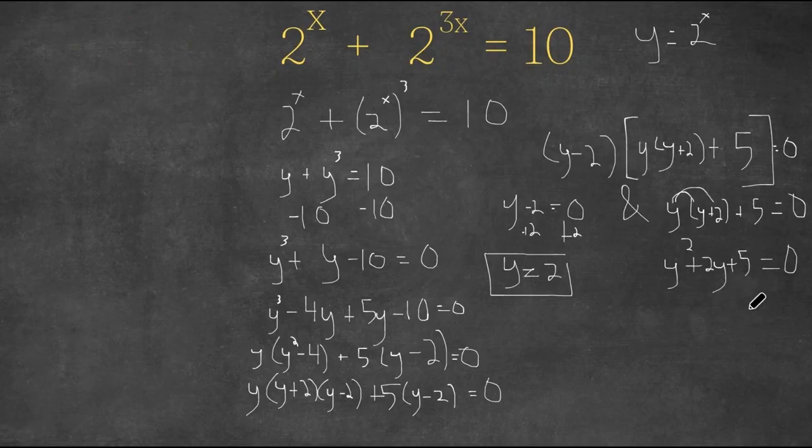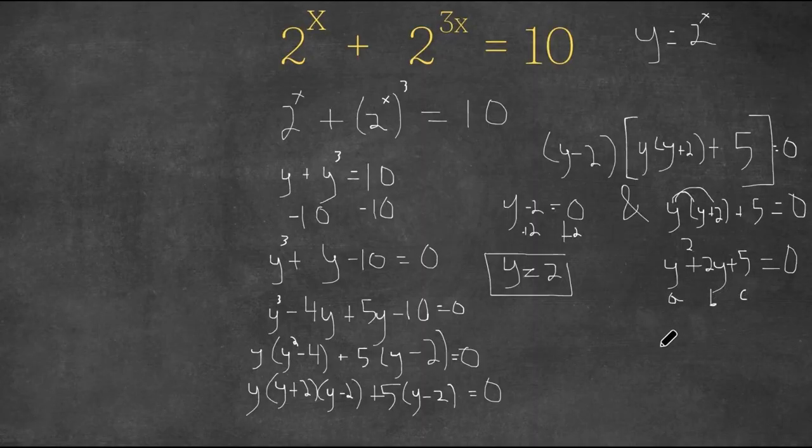And now, as you see, we have a quadratic equation here, and we want to solve this. So we're going to use our quadratic formula: negative b plus or minus the square root of b squared minus 4ac, all over 2a. Remember, y squared is a, 2y is b, and 5 is c.